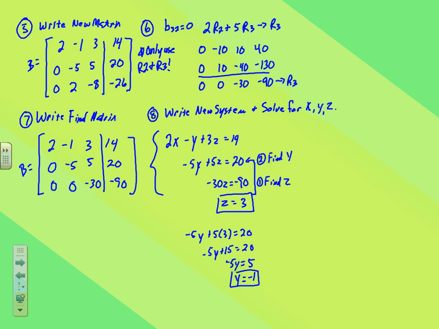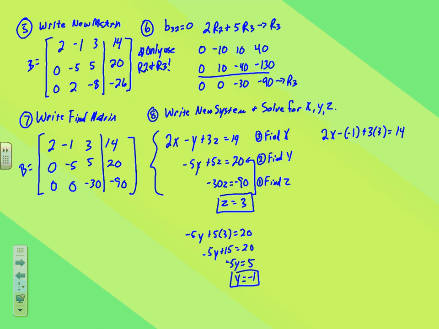And now I'll take the z and the y that I know and find x. So I'll use the space here to the right to find x. So that'll be 2x minus a negative 1 plus 3 times 3 to be equal to 14.